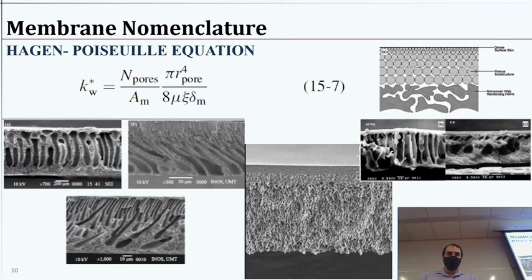Okay, so yeah, just a few examples here. This one, right, here's a pretty neat example because you can really clearly see the very fine separation layer here where the pores are practically invisible, and then a thicker, much more porous, you can tell the permeance in this supporting layer is going to be a lot better.